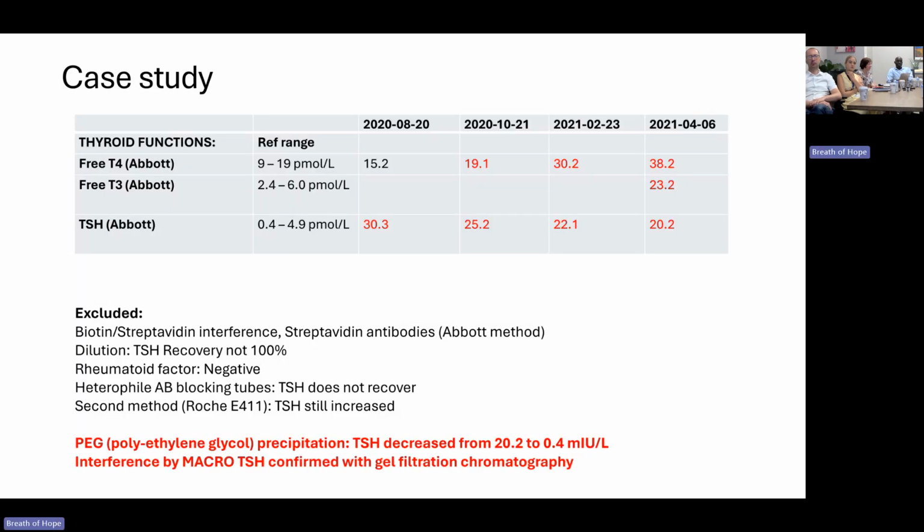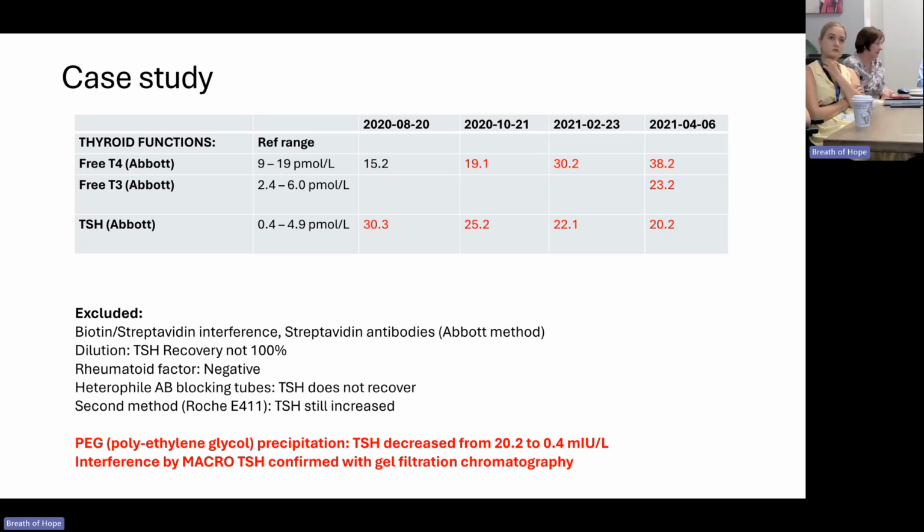So getting back to our case study, the thyroid functions were done on the Abbott method. We know that it does not use biotin or streptavidin, so that was excluded. With dilution, the TSH recovery was not 100%, so we knew there was definitely something interfering. Rheumatoid factor was negative, and the HPT blocking tubes did not help us. The TSH did not recover.